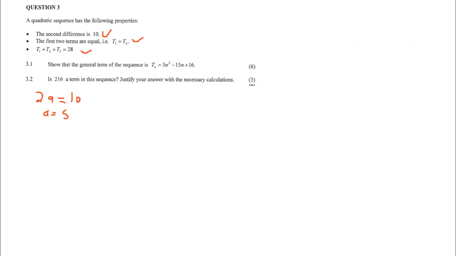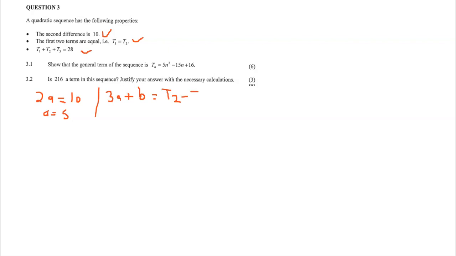At the same time, we can find b as well, because we know that 3a plus b is equal to t2 minus t1. So now I just need to look at what t2 minus t1 is.